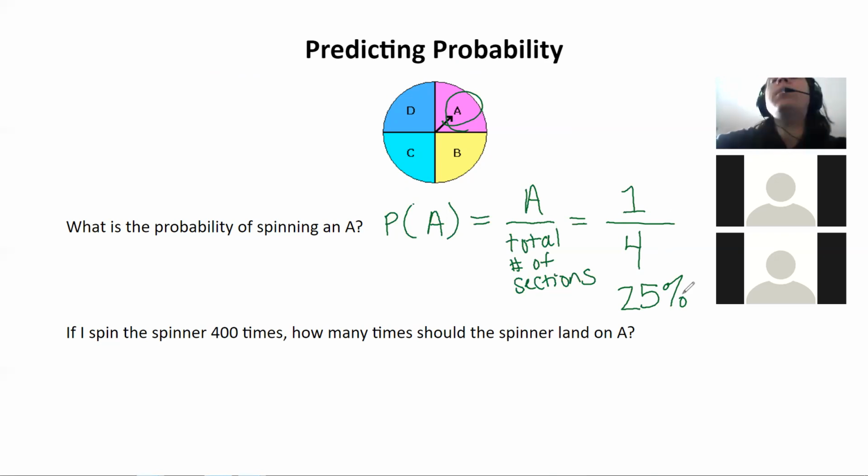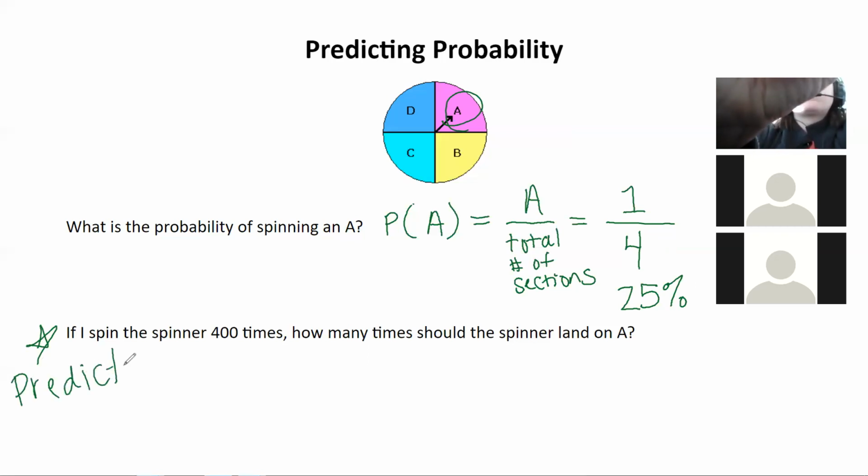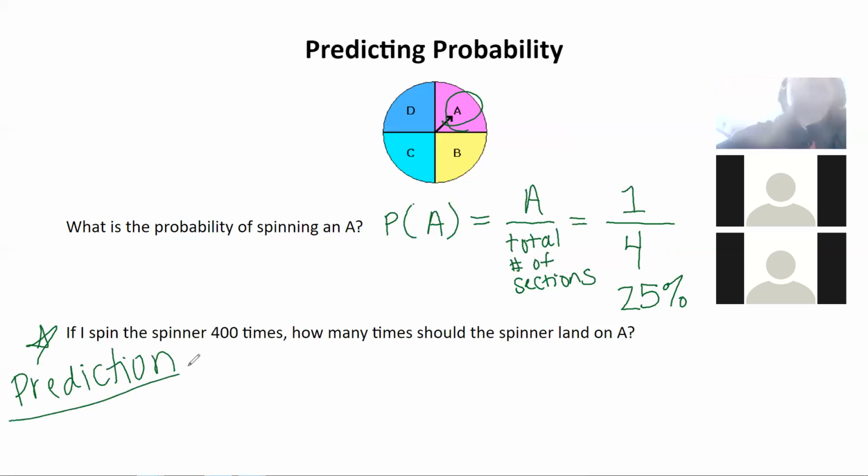Now, what's cool about finding probability is that you can use it to make bigger predictions. So 1 out of every 4 spins should give us an A. Now we want to make a prediction. This is how we make a prediction, and you definitely want to write this down because this will come up in your homework.